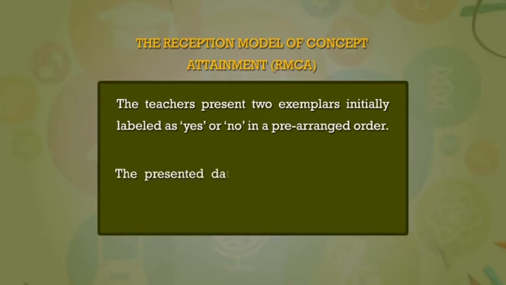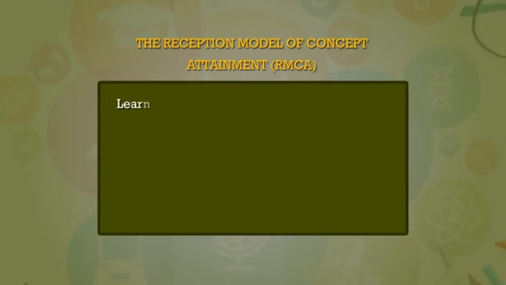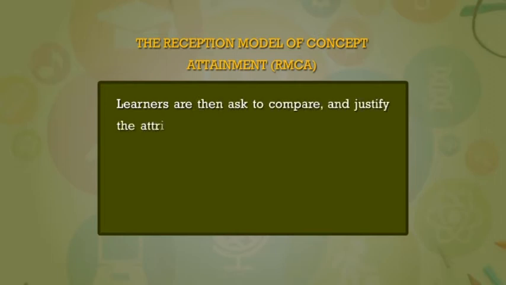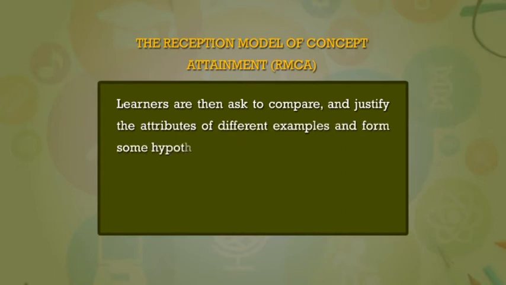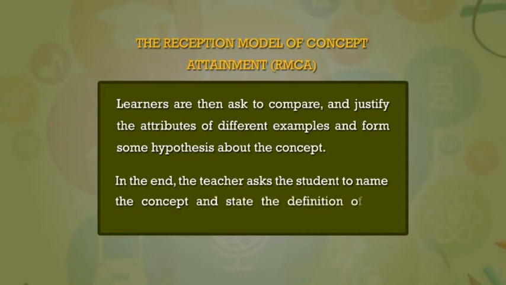The presented data may be in the form of pictures, sketches, diagrams, events, or any other. Learners are then asked to compare and justify the attributes of different examples and form some hypothesis about the concept. In the end, the teacher asks the student to name the concept and state the definition of the concept according to essential attributes.